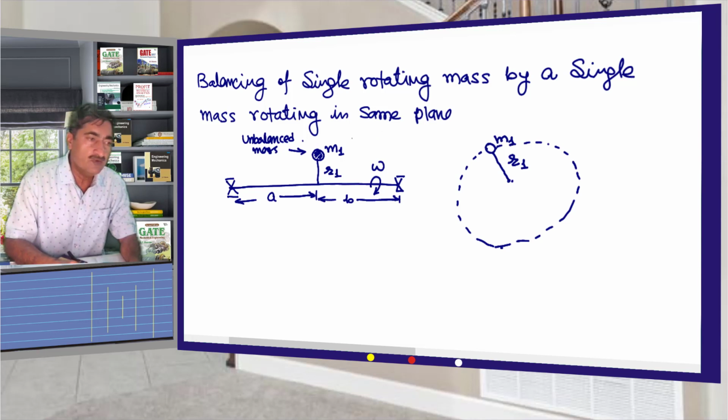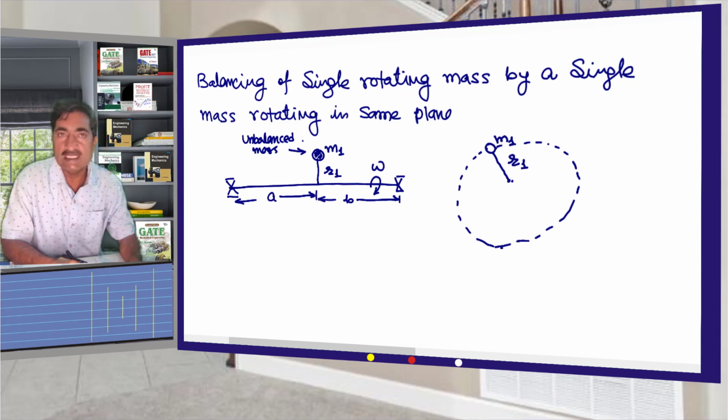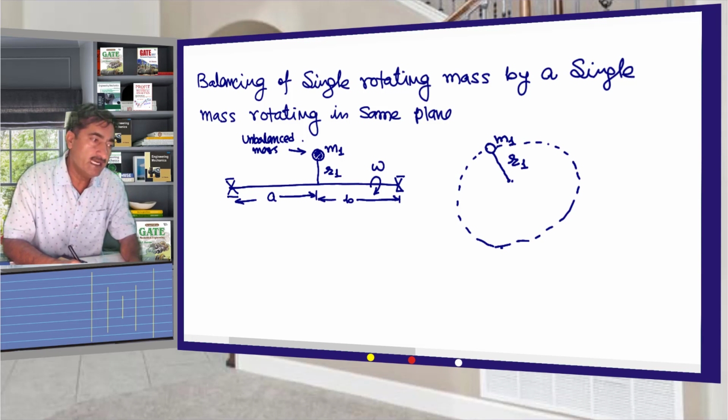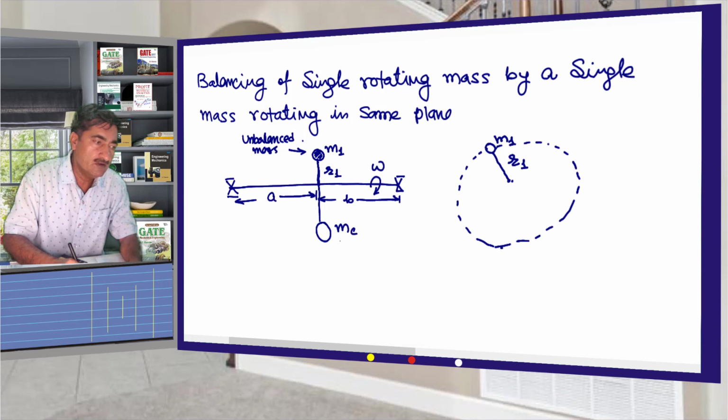Now we have to apply a counterbalance or balancing mass at same plane. This is the plane. We have attached a second mass, counterbalance at radius R. At radius R, this is the center. This is MC at R.